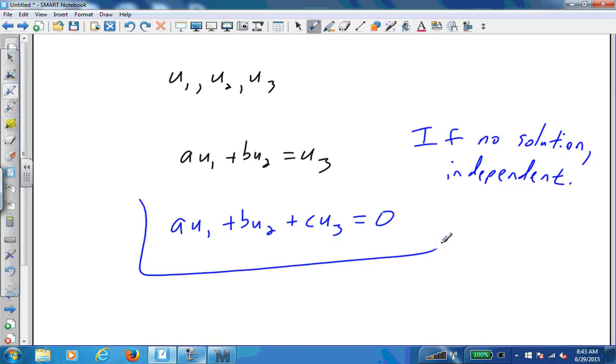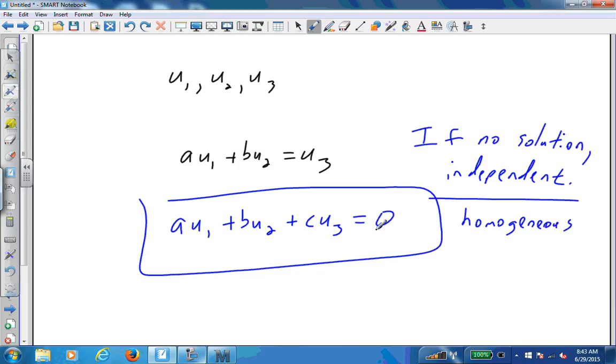So notice this is homogeneous. So if the only solution to the homogeneous is a trivial, which means A, B, C equals 0, so if the only solution is the trivial solution, then they are independent.